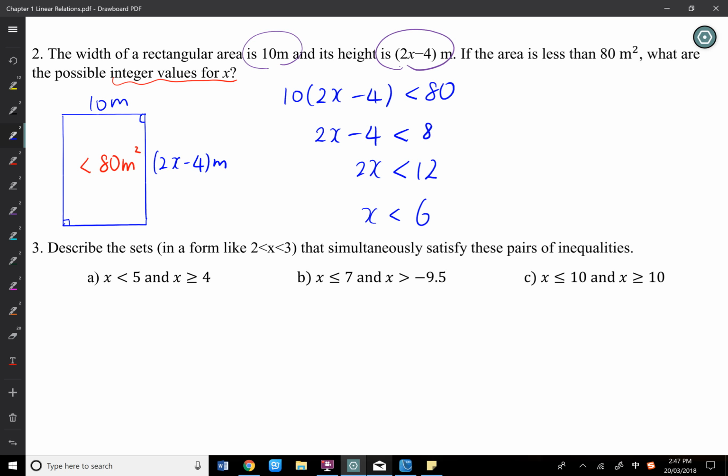Well, let's think about that. Just purely looking at your answer, x is less than 6. Is negative 1 less than 6? But why don't you take it? Yeah, negative 1 is still an integer.